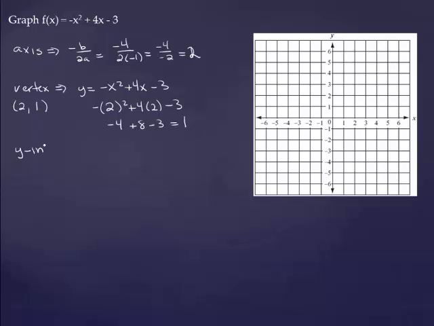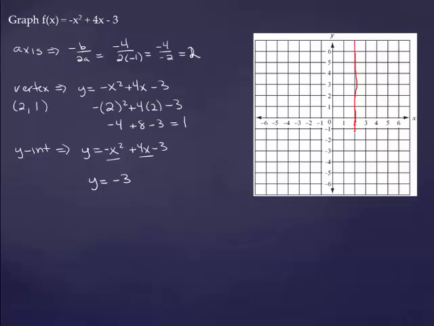And then my y-intercept. Now you may have noticed, or you may have not, when I plug in 0 for x, I'm left with c. So the y-intercept is always y equals c. So my axis of symmetry occurs at 2.